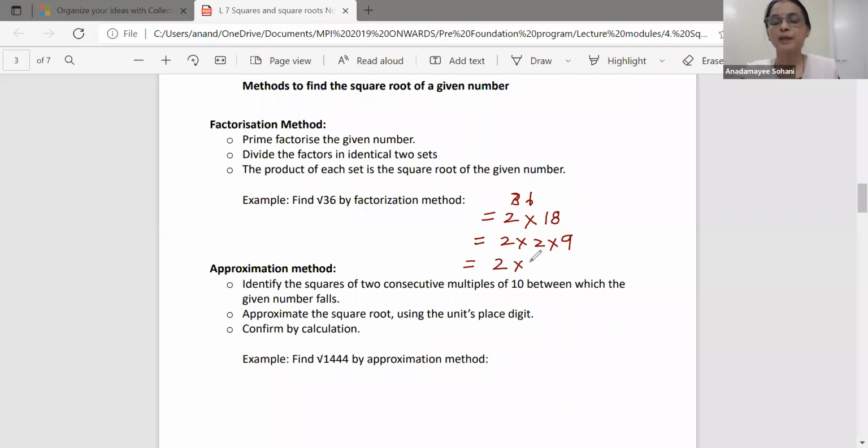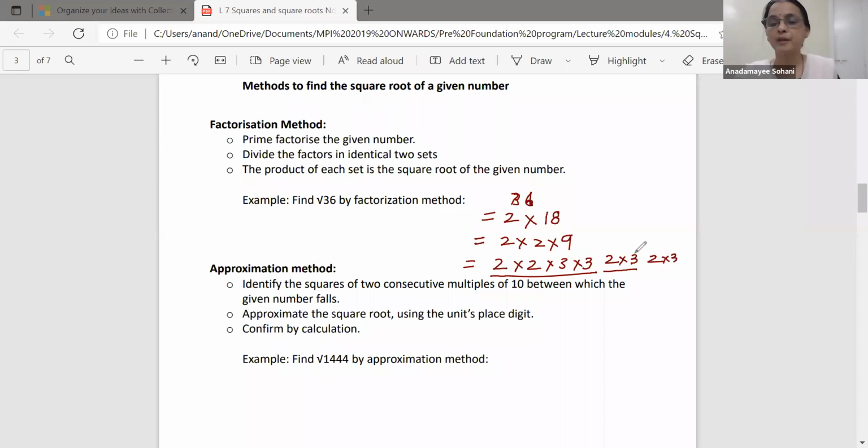Then it is 2 multiplied by 2 multiplied by 3 multiplied by 3. So now see, these are the prime factors of 36. If 36 is a square number, the prime factors will be in two perfect, identical sets.